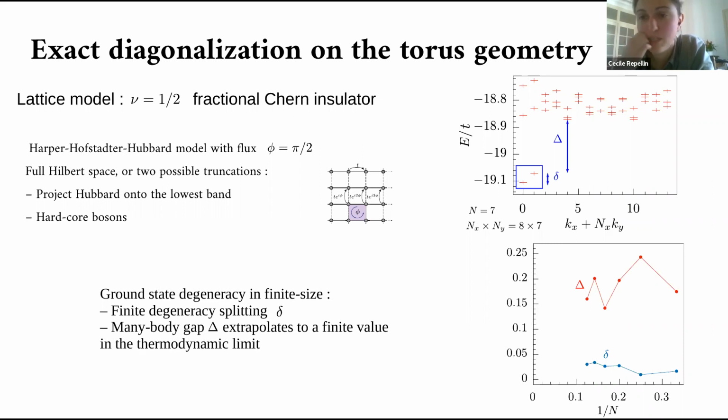For the aspect ratio, it's a little bit different, but it's not that different. I think the point is that as long as the smallest cycle of the torus, let's say, is larger than a few times the correlation length, these considerations don't really matter.